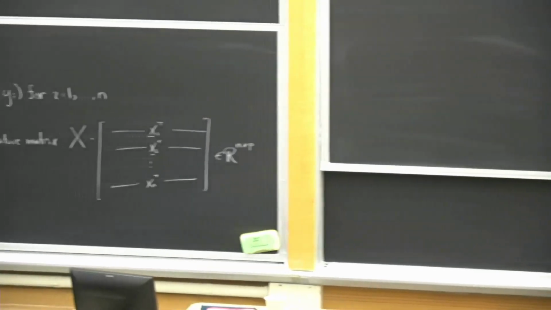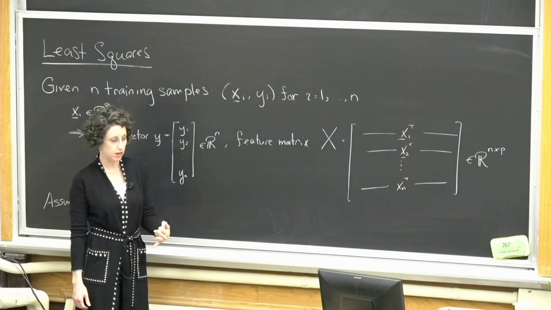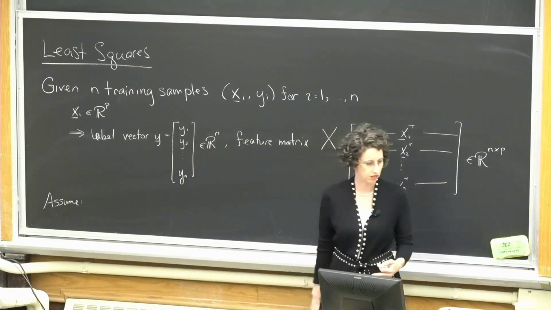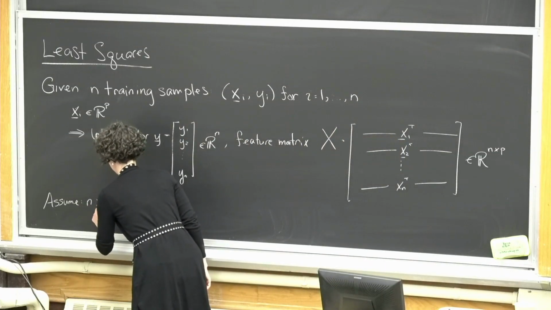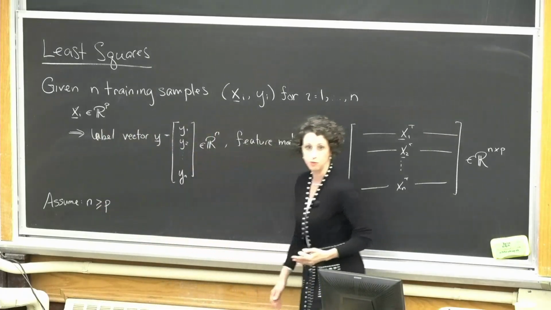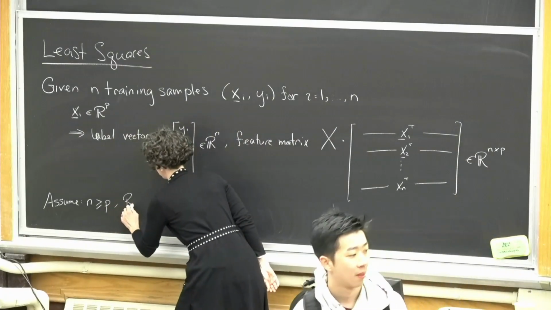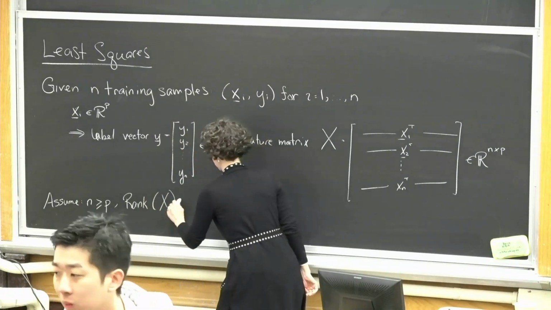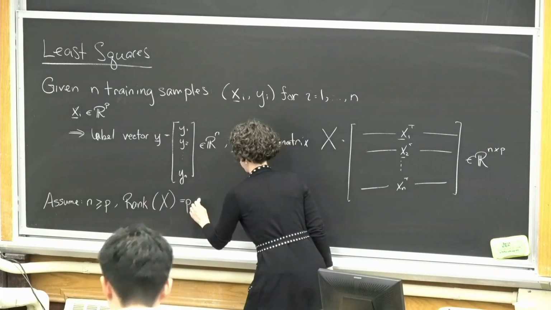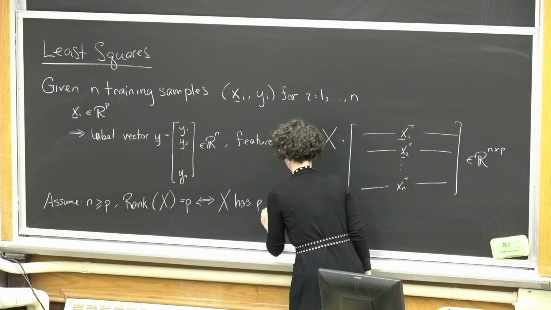And so then what we are going to do is make some assumptions here. And we're going to dive into these assumptions and what they mean and why they are important throughout the course of this lecture. But in particular, we are going to assume that the number of training samples n that we have is at least as big as p, and that, and this is what we're going to talk about in more detail throughout this class, the rank of this feature matrix X is equal to p, or in other words, X has p linearly independent columns.